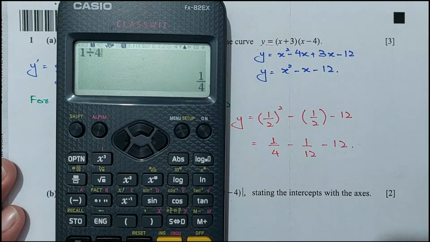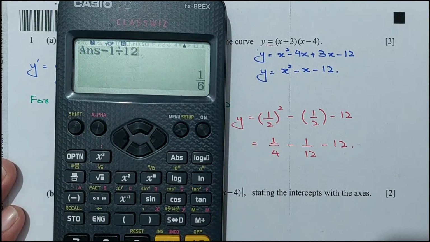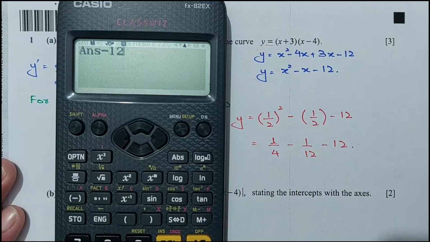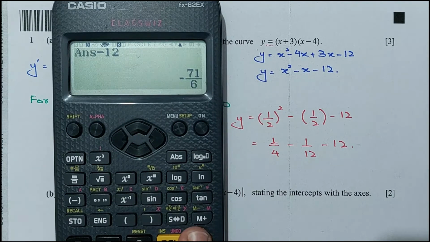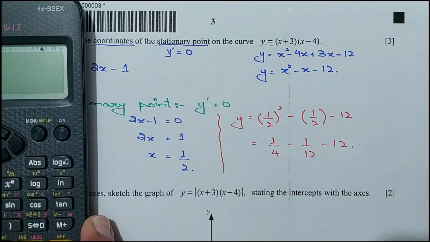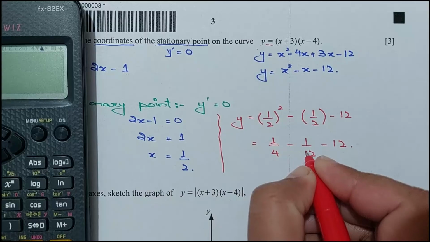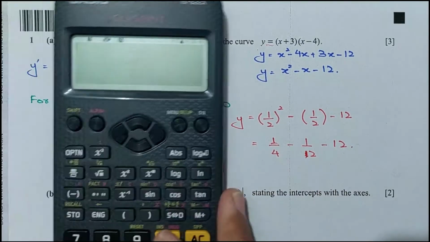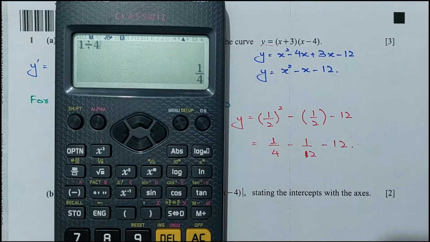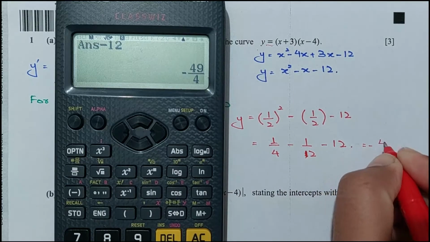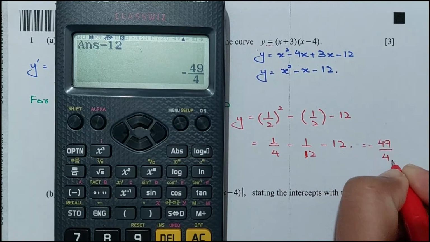That is minus 70. Wait a minute. This is 1 by 2, not 1 by 12. 1 by 4 minus 1 by 2 and minus 12. Minus 49 by 4. That is the y component.